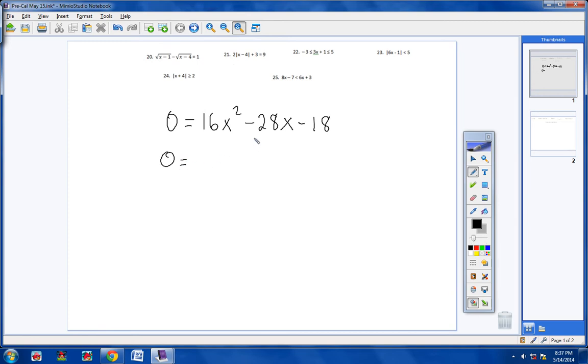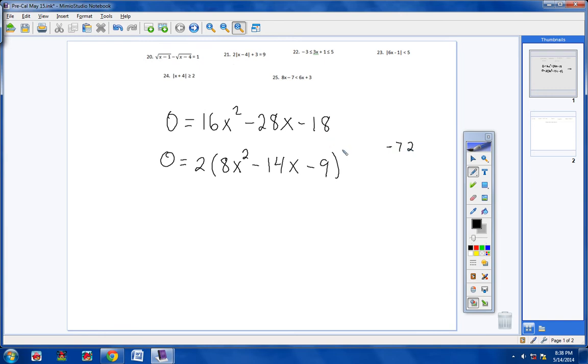I know 2 would go into both of these, so I'm going to pull out a 2, and that's going to leave me with 8x squared minus 14x minus 9, okay? Now, it's probably not a huge help, but it's a little bit of a help. Let's see. If I tried to factor this, 8 times negative 9 is negative 72.